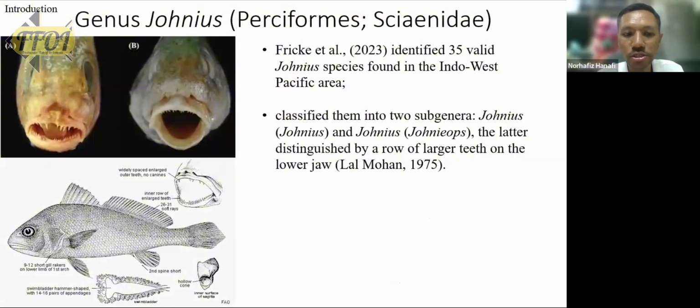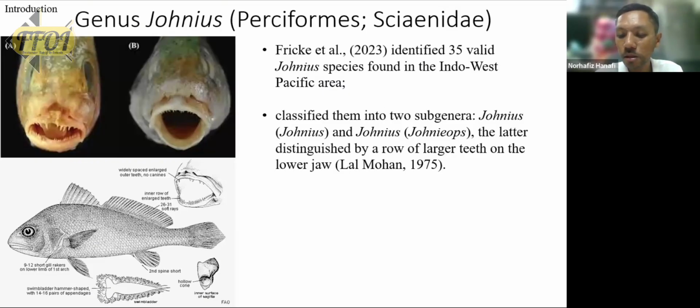That's why I focus on the genus Johnius in the Perciformes, Sciaenidae, Johnius and Johnieops, based on Fricke et al. In the IWP, we have 35 valid Johnius species. It's quite a lot because they are endemic in a lot of countries.